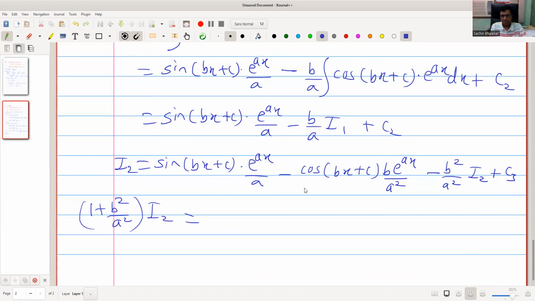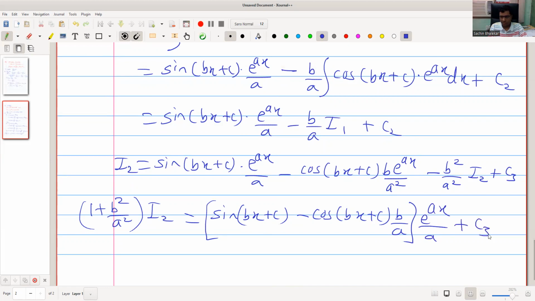Here we can take e raised to ax common, so that we have sine bx plus c. We can take e raised to ax divided by a as a common term minus cos bx plus c into b by a. This multiplied by e raised to ax upon a plus c3.